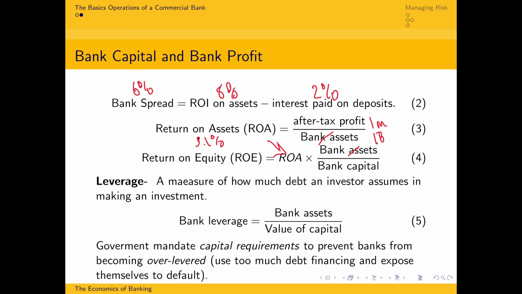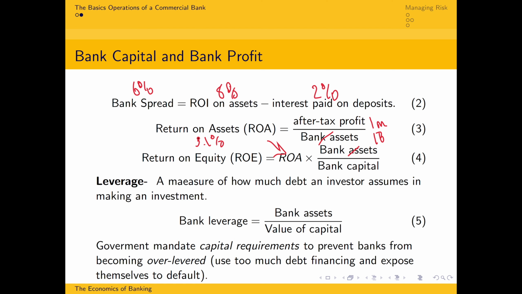And so what this does is it eliminates assets like, for example, if they have a branch building, then that building is considered an asset, but it really doesn't do anything in terms of capital. They're not trading the building on capital. And so that's why bank assets can sometimes be significantly higher than the after-tax profit because, if it's a very expensive location, then their assets are going to be inflated tremendously.